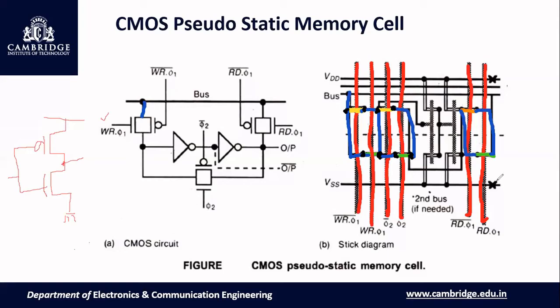Understood? So initially, don't try to draw the stick diagram for the full circuit. You just draw the stick diagrams for transmission gates and stick diagrams for inverters. Then later on you can connect.